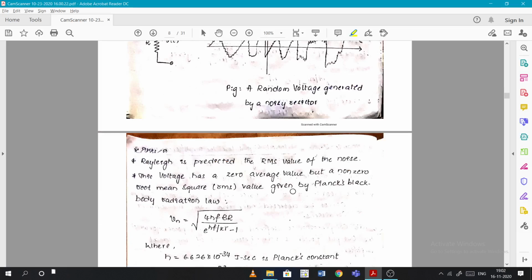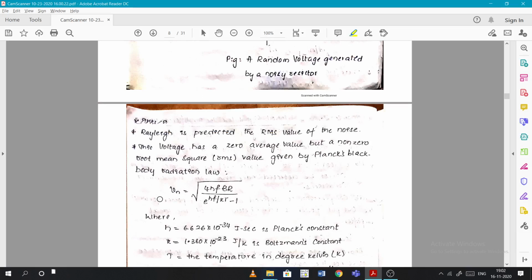According to Planck's blackbody radiation law, we can know the voltage for a particular temperature and frequency. The noise voltage Vn is equal to the square root of 4 h f B R divided by (e power hf by kT minus 1). This minus 1 is not in the exponent, it is in the denominator.